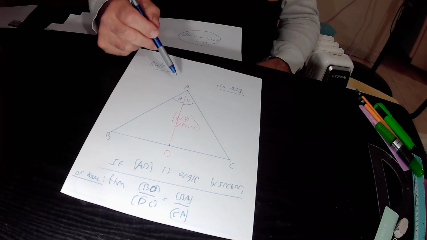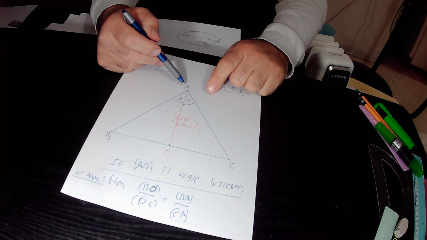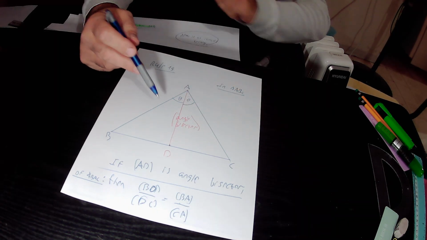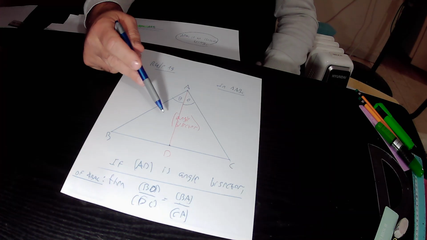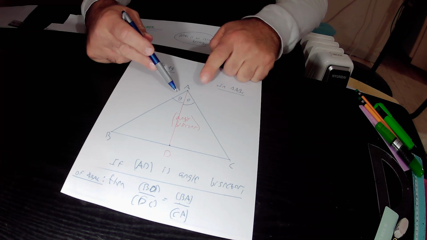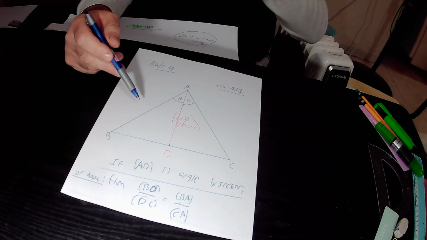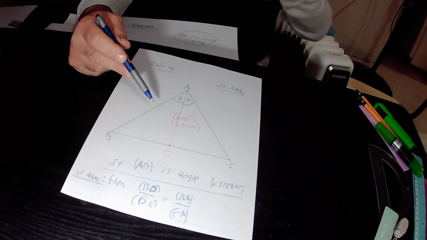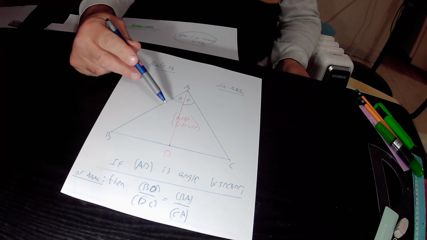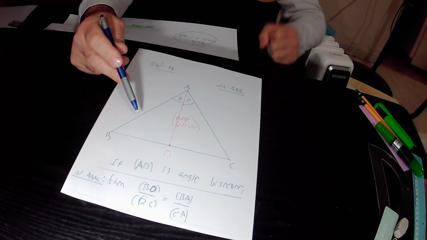if AD is the angle bisector of triangle ABC, the red line AD, because AD bisects angle BAC into 2 halves, each half equal to theta, then AD divides the opposite side of triangle ABC proportionally.